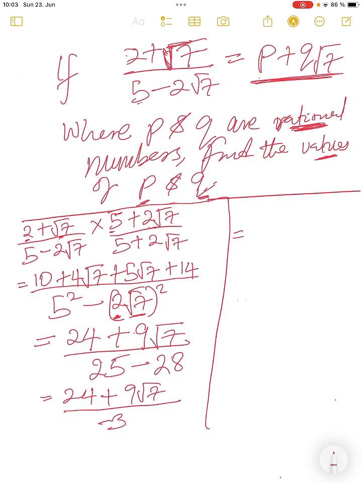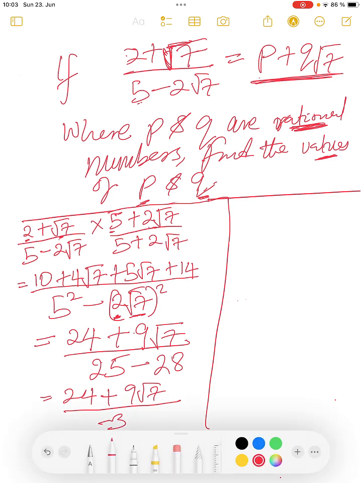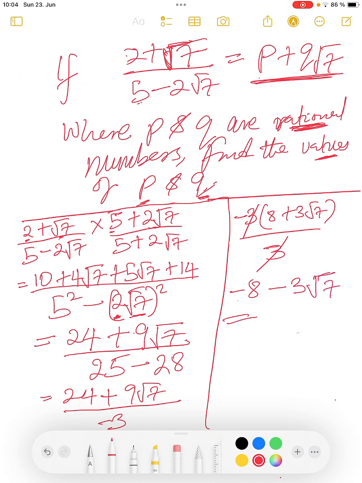So this is the same thing as saying minus 3 brackets 8 plus 3 root 7 divided by 3, which is minus 8 minus 3 root 7.